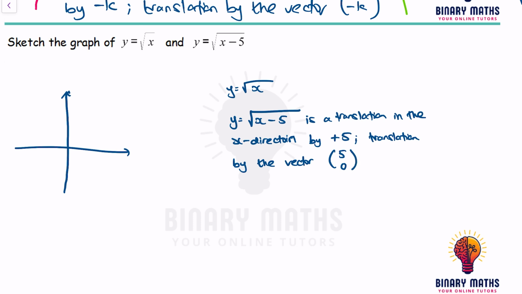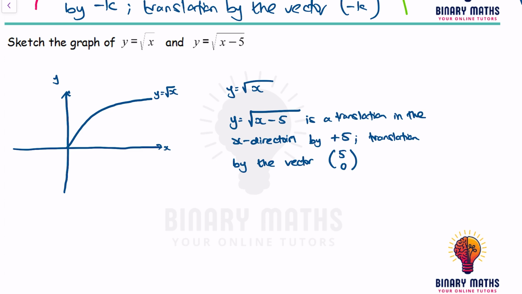Okay, so if I were to draw it out, y is equal to root x looks like this. Let's make this longer, maybe. This is y is equal to root x. Then it's a translation by the vector 5, 0. So everything moves in that positive x direction, positive by 5.